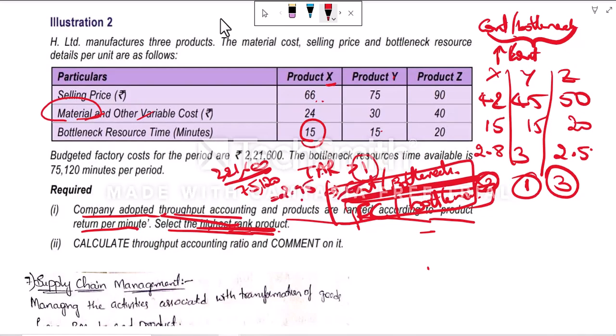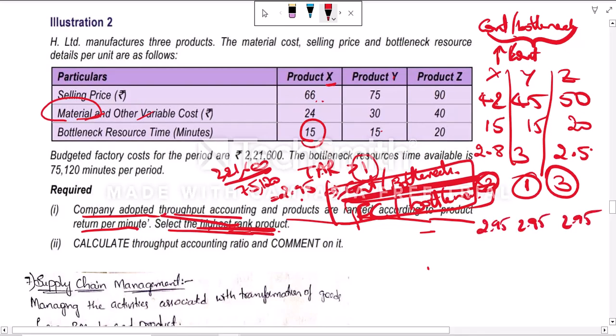We should divide the contribution by this. 2.8 divided by 2.95 equals 0.95. 3 divided by 2.95 equals 1.02. 2.5 divided by 2.95 equals 0.85. Only this one is more than 1. So this is a profitable product to produce.